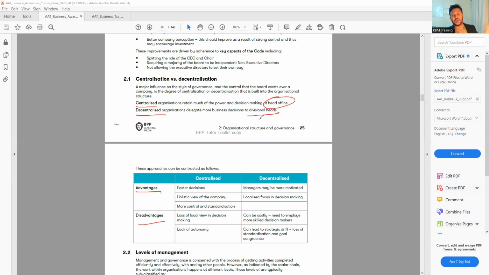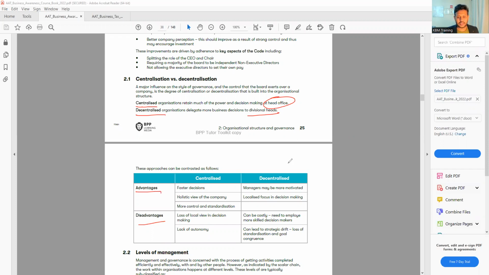Rather, if they have three divisions and make a head for each to take the decisions, that will be quicker and it will be decentralized. The decision process will probably be faster than centralized. But if the company sells only one product, maybe they will go for centralized because the decision can be taken from the head office.